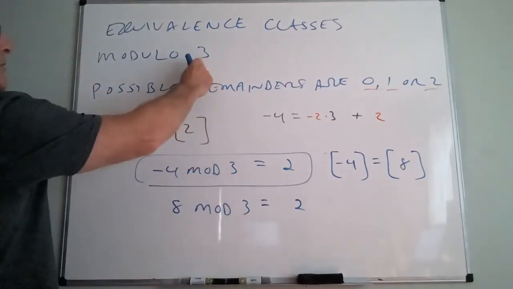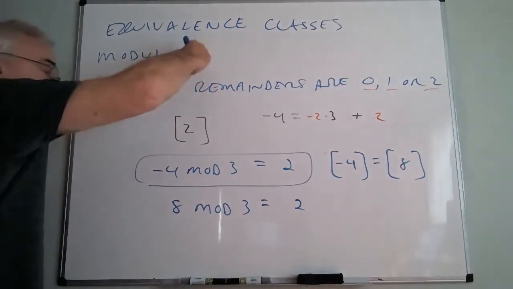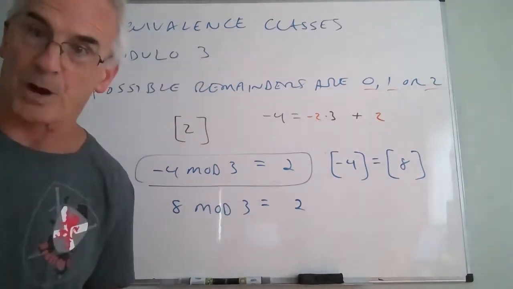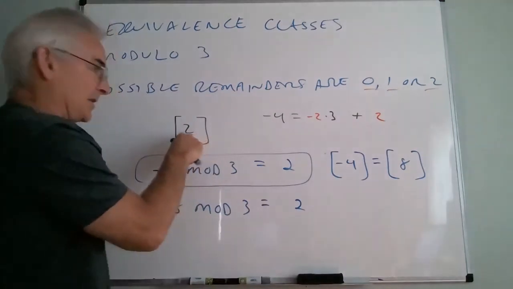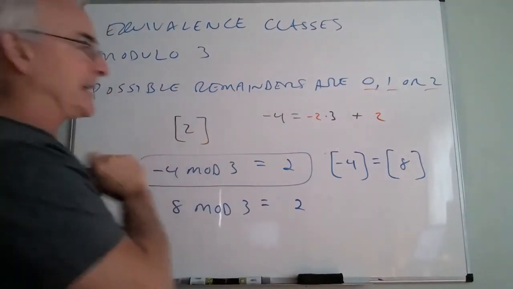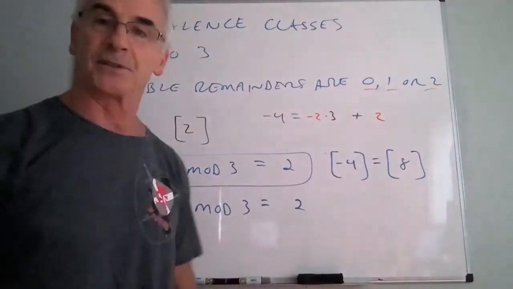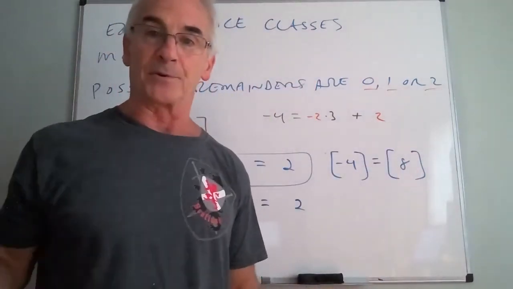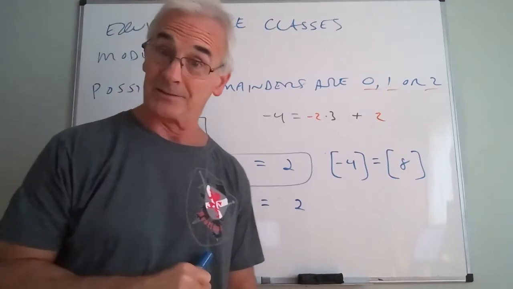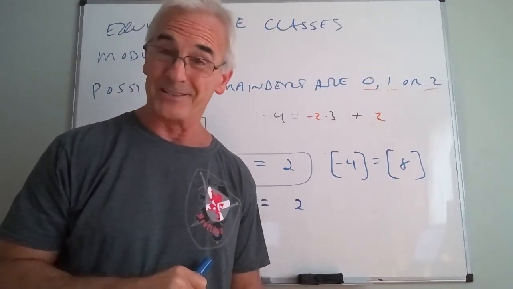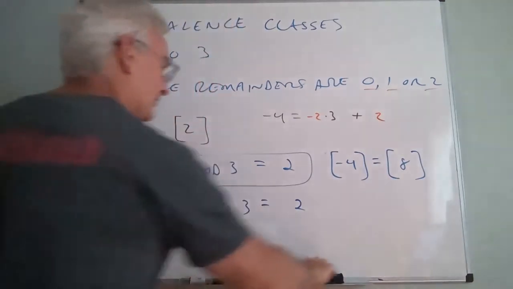By the way, I have to give you the original instruction. I actually have to say the modulo 3 before we start this problem. Therefore, the infinite set of numbers that are in this class are the same set of numbers that are in this class, and they're the same set of numbers that are in this class. So there are an infinite number of representations of the same equivalence class. Whoa, isn't that crazy? Isn't that absolutely wild?